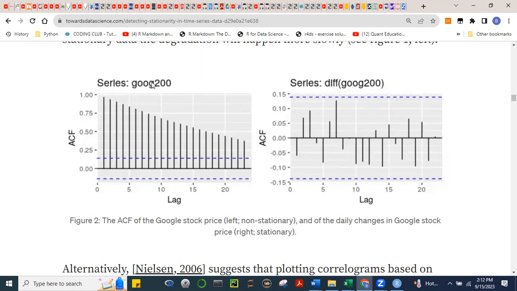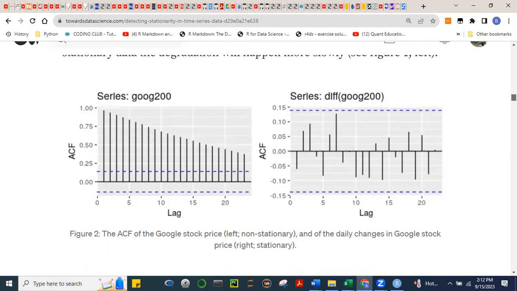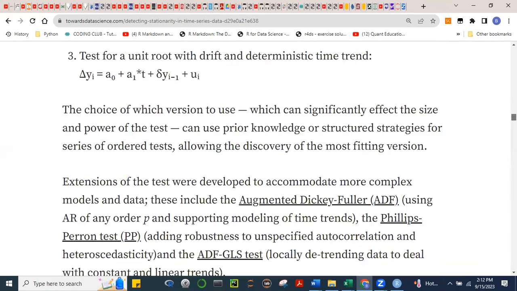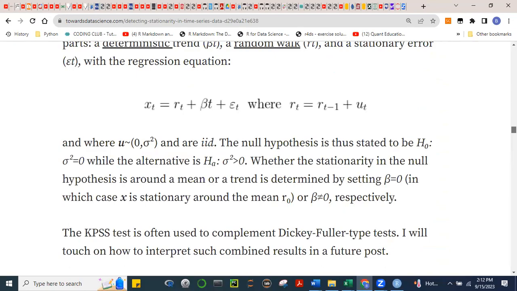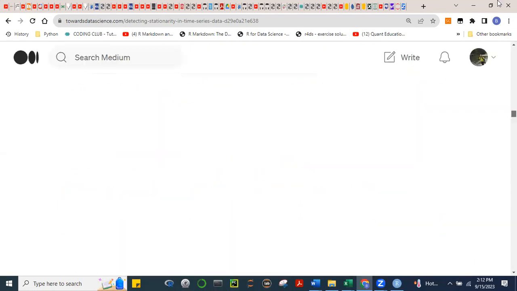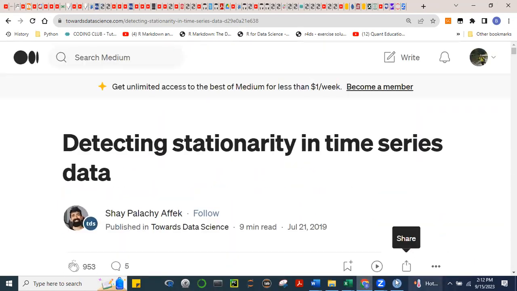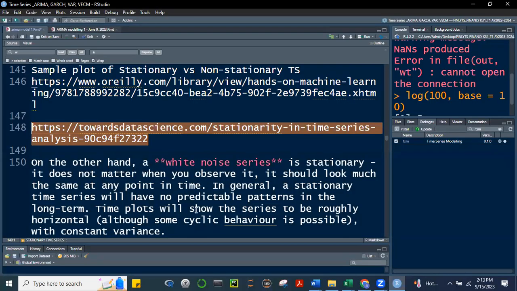This one is the actual raw data. This one is the differenced data. So differencing has an effect on autocorrelation. That's what I want to point out here. All right, let me go back to our discussion.